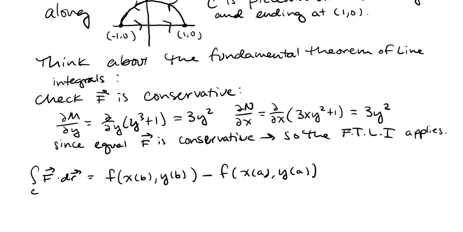Now in the previous examples we've done, we've actually looked for that potential function little f for capital F, and then evaluated it at our initial point and terminal point.